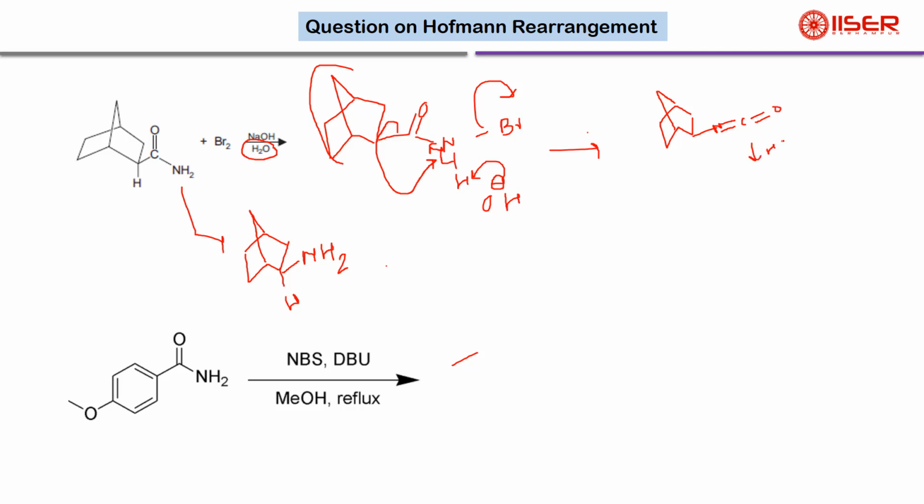But if any alcohol is given, there is no question of decarboxylation. So always notice which solvent has been used. If it is not water, there is no question of forming amine from amide.